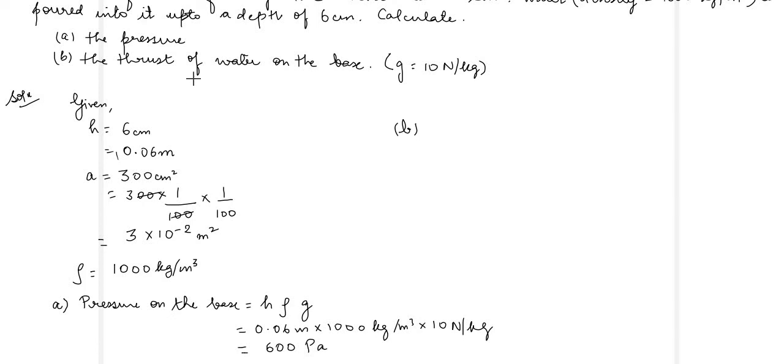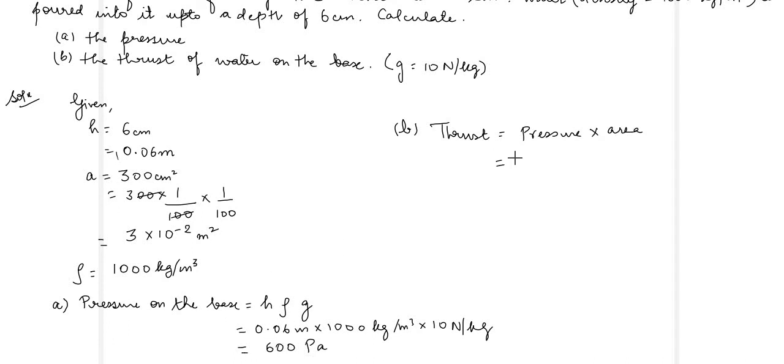Second part is thrust of water. Thrust means the perpendicular force. तो हमने पढ़ा है ना, pressure is basically the thrust upon area. तो हमें ये thrust अब निकालना है. So we can say that F is P into A. बोल सकते हैं ना, A को इधर शिफ्ट कर दिया तो thrust is pressure into area. हमें यही thrust निकालना है. तो जब हम thrust निकालेंगे, this is the pressure into area, right?